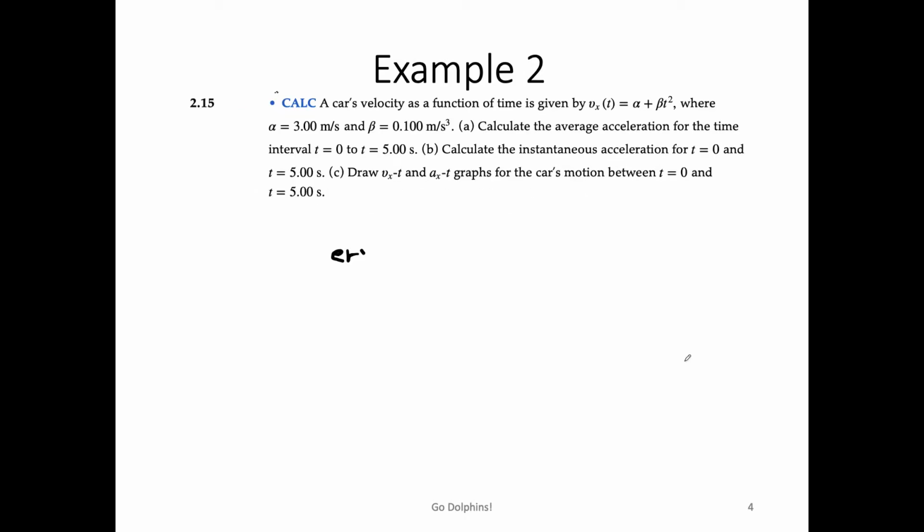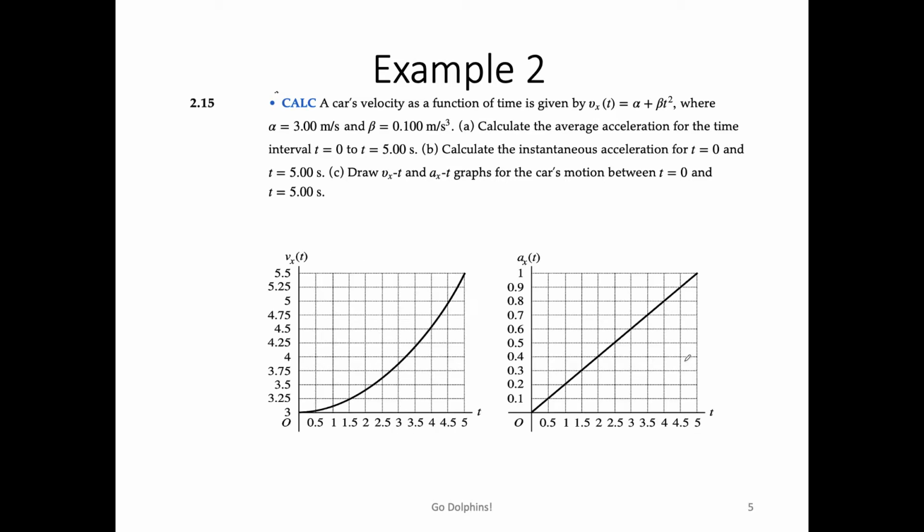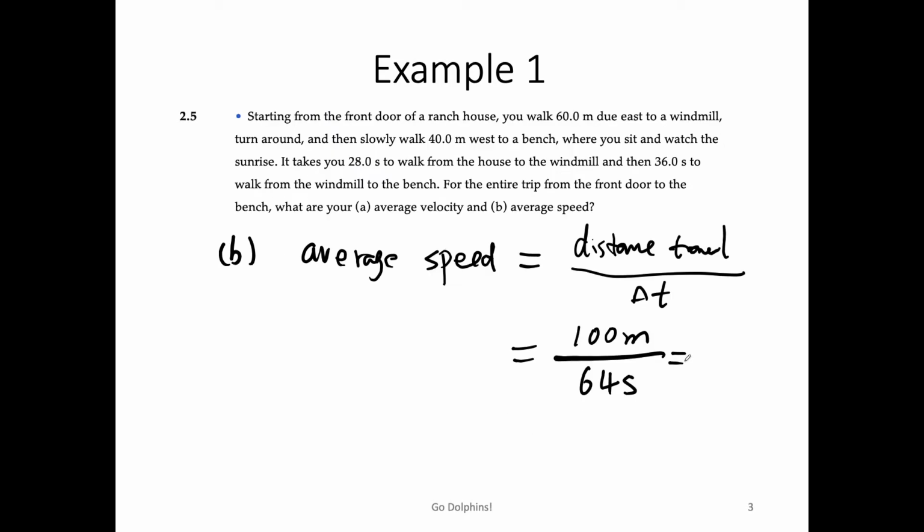So your average speed is 1.56 meters per second. I hope this example gives us a better understanding of the definition of average velocity and average speed.